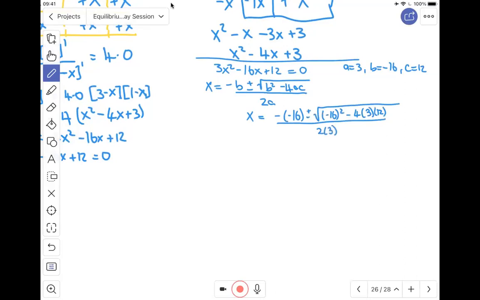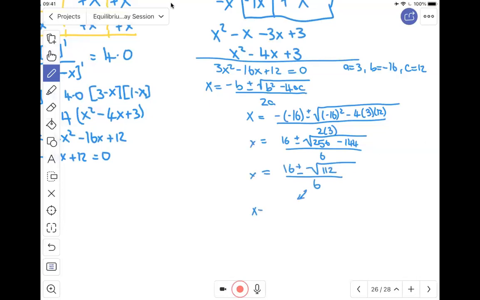So that gives me, when I put some of this into the calculator, 16 plus or minus the square root of 256 minus 144, and that's divided by 6. So that is equal to 16 plus or minus the square root of 112 over 6. Now, there are two possibilities here.